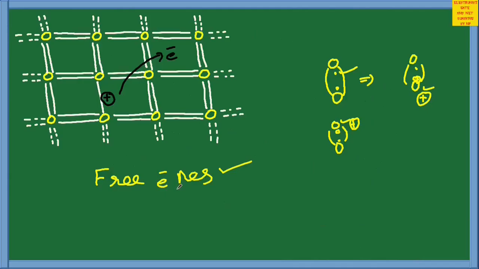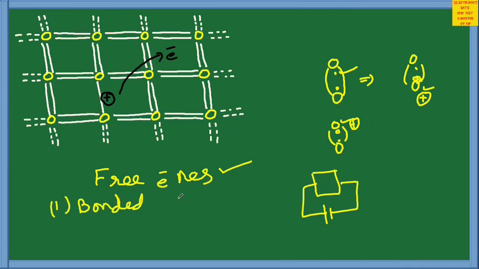These free electrons can move freely according to the applied electric field. If we apply an external electric field or an external voltage source across the semiconductor material, the free electrons will move in a direction according to this applied source. So when we consider a semiconductor material, it consists of two types of electrons. One is the bonded electrons and the second one is free electrons.